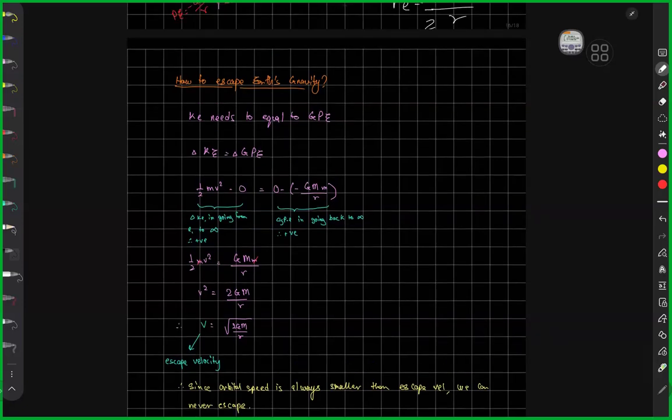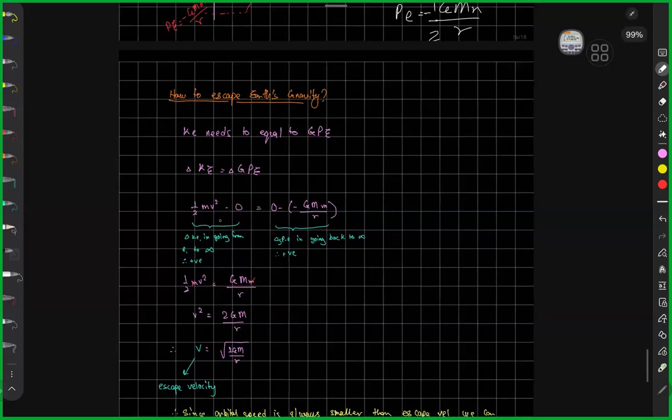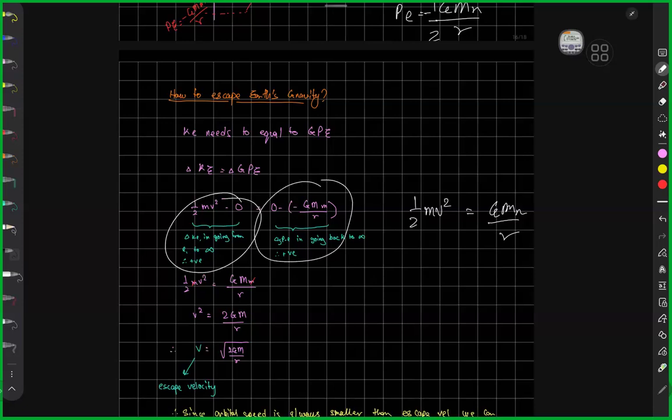So I'm basically equating half mv squared, the kinetic energy that my Earth needs to escape, and that energy must equal GMm by r. Okay, so this is just a formal way of writing it out.